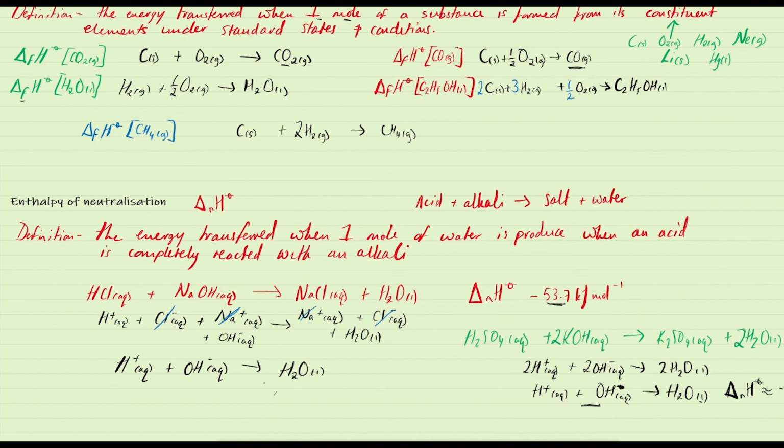The spectator ions here are my sulfate ions, potassium ions, so I can get rid of those, and that leaves me with the following. So I hope you found that video useful, and it concludes the standard enthalpy definitions that you need to know.